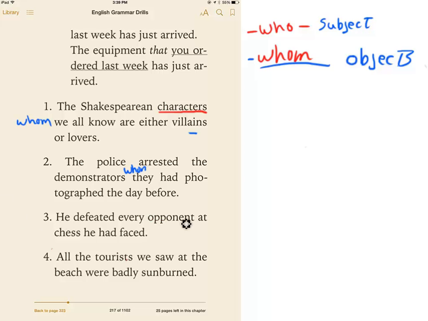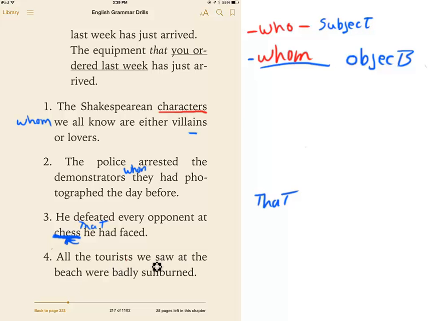He defeated every opponent at chess. Chess is the antecedent, not opponent, because I have a prepositional phrase afterwards. So: he defeated every opponent at chess that he had faced. I have to use the word that because chess is not a person.